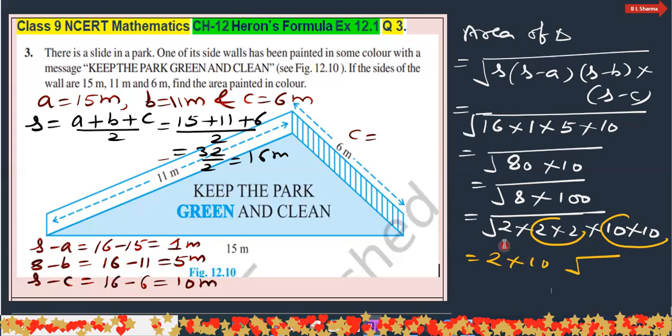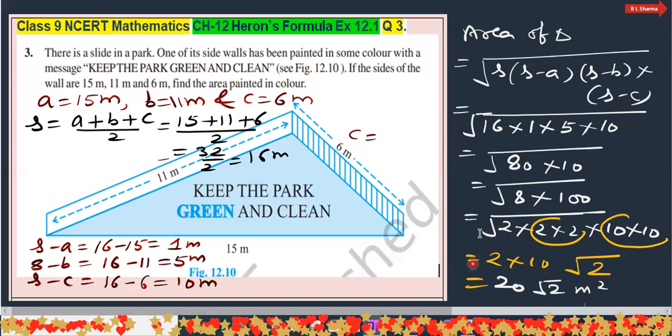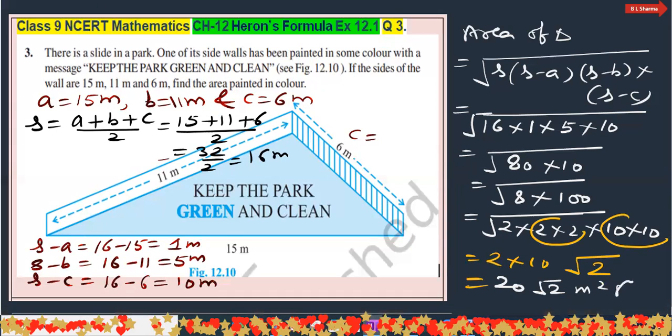But we are not having the pair of these 2. So this is inside. So the answer is 20 root 2 meters square. So the area painted in color, the area of this place will be 20 root 2 meter square. Answer. That's all for this question.